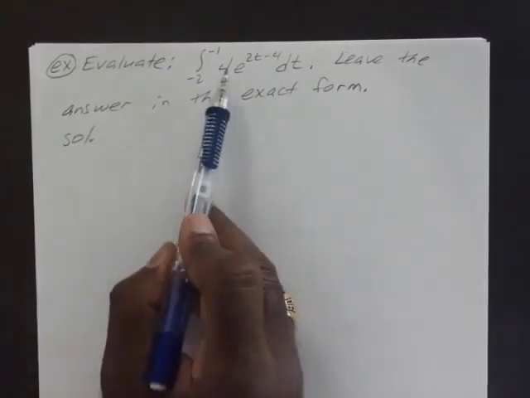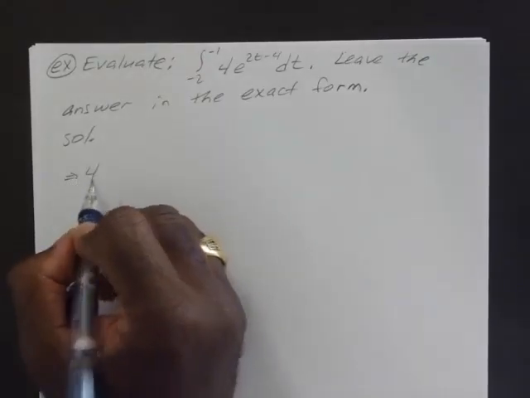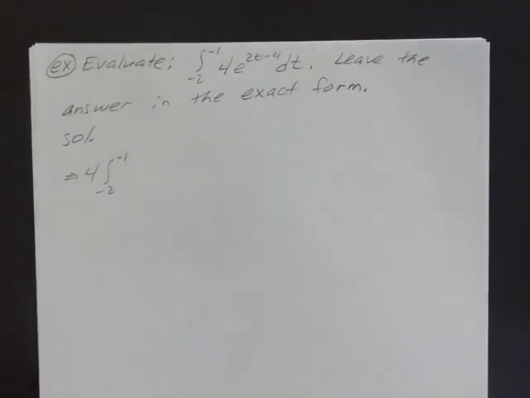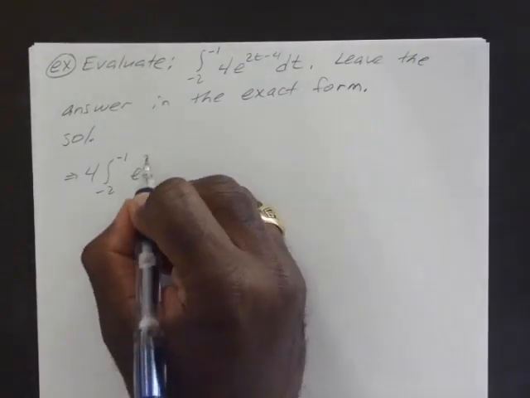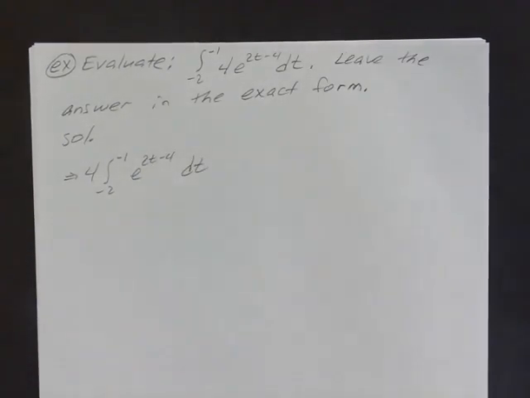Okay, so again, first thing I always do, factor out that constant. So we have 4 times the integral from -2 to -1 of e to the power of 2t minus 4 with respect to t.